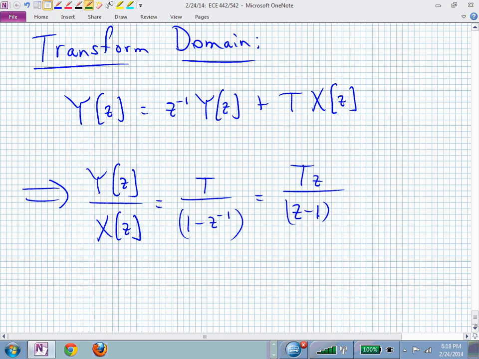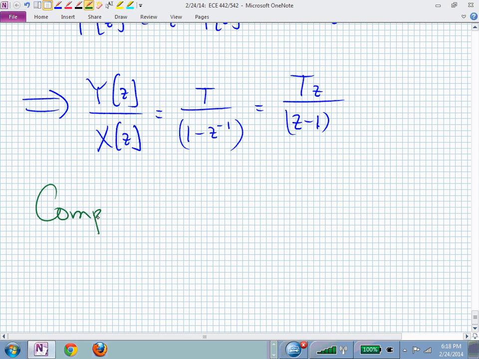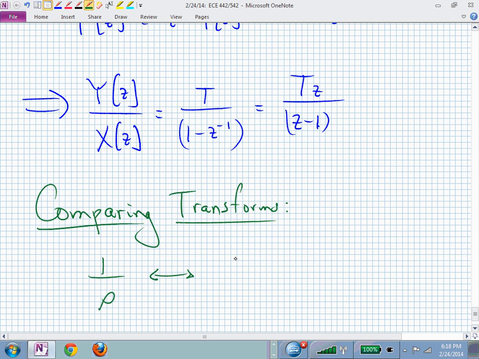And if I compare the transforms again, I'm now comparing 1 over s to this Tz over z minus 1, or if I reciprocate both, or take the inverse of both sides, I now am looking at s being z minus 1 over Tz.